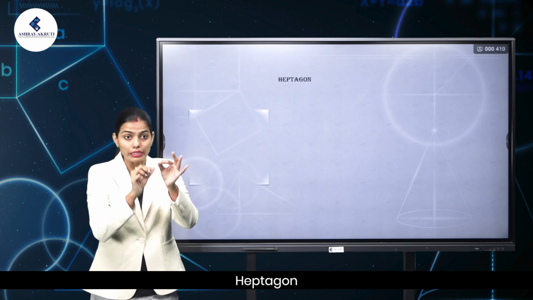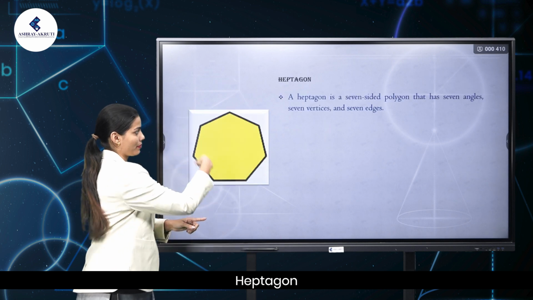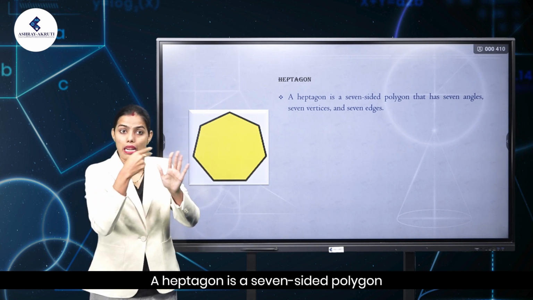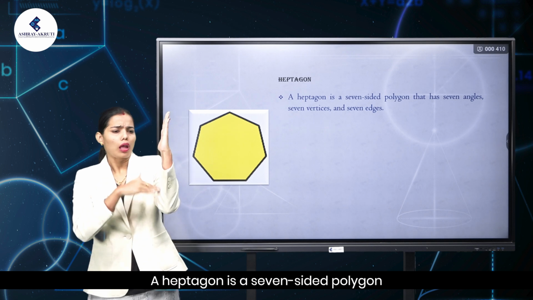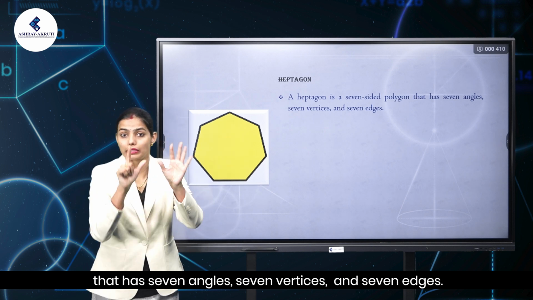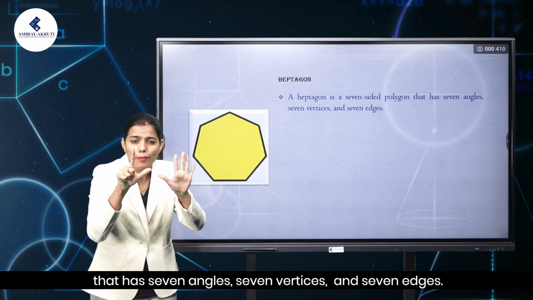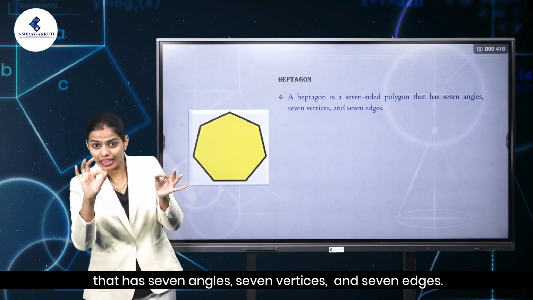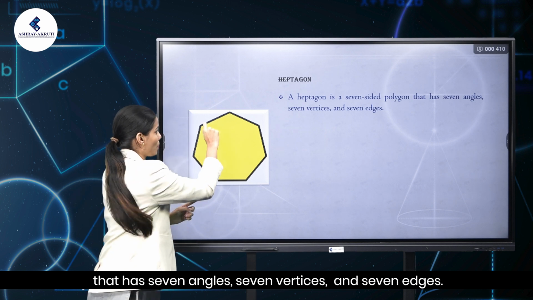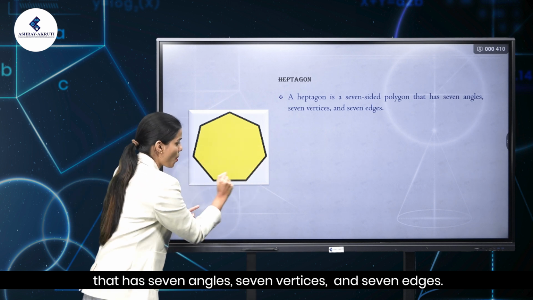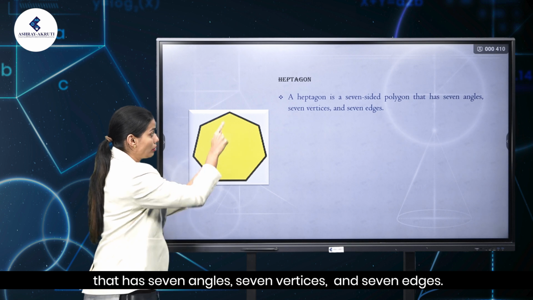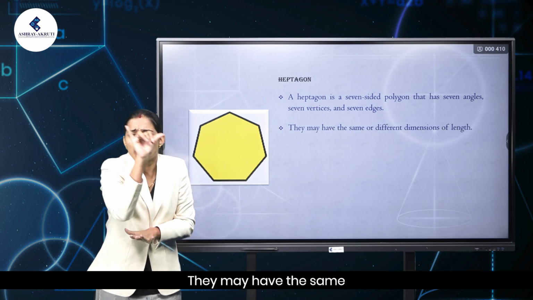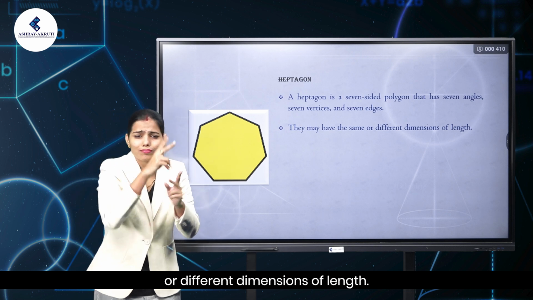Heptagon. A heptagon is a 7-sided polygon that has 7 angles, 7 vertices and 7 edges. They may have the same or different dimensions of length.